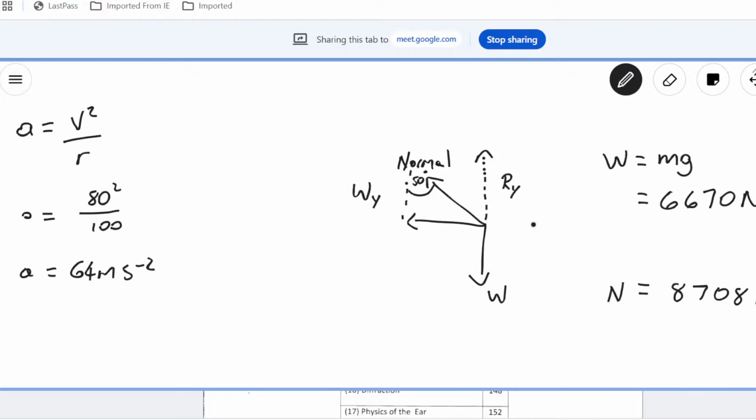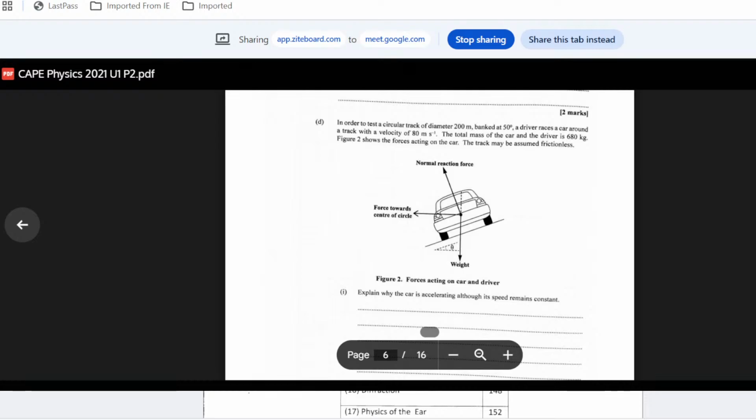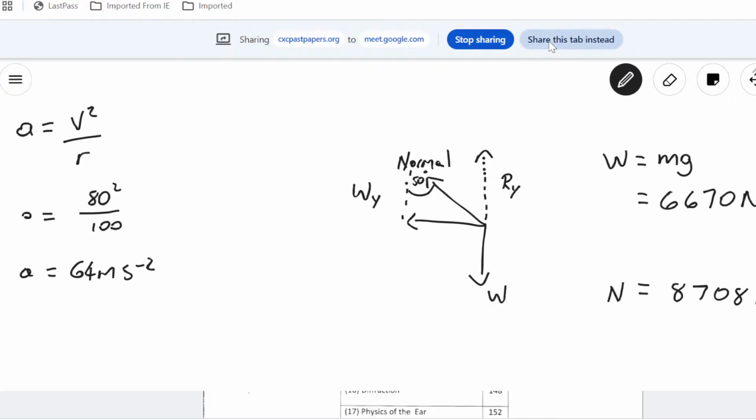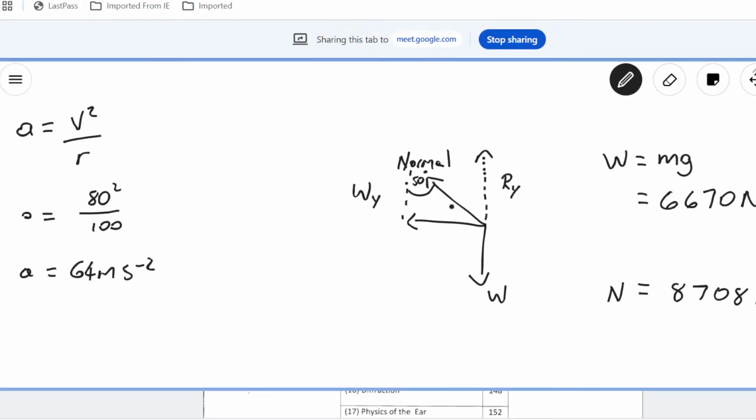So where you see the dotted line, that represents the banking angle. It's the same as the angle up top there. So the 50 is not here. That's a common misconception.